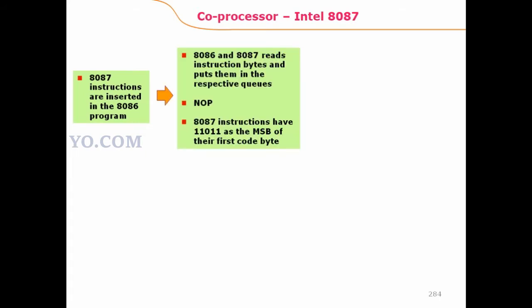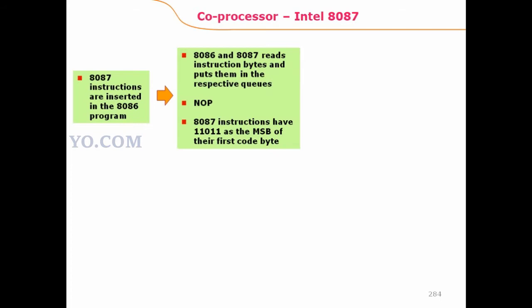The 8086 and 8087 read the instruction bytes and put them in their respective queues, for temporary storage. Then no operation is just a rest period or wait state.